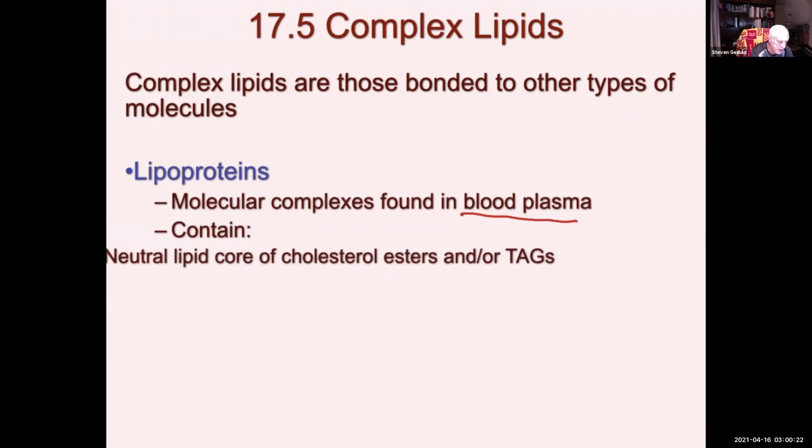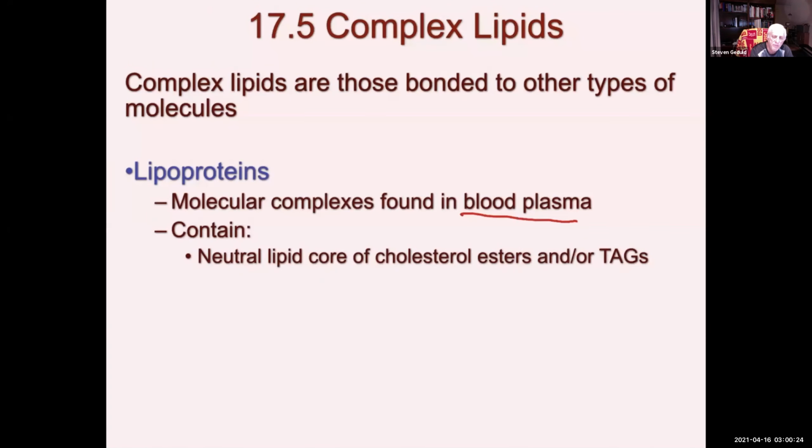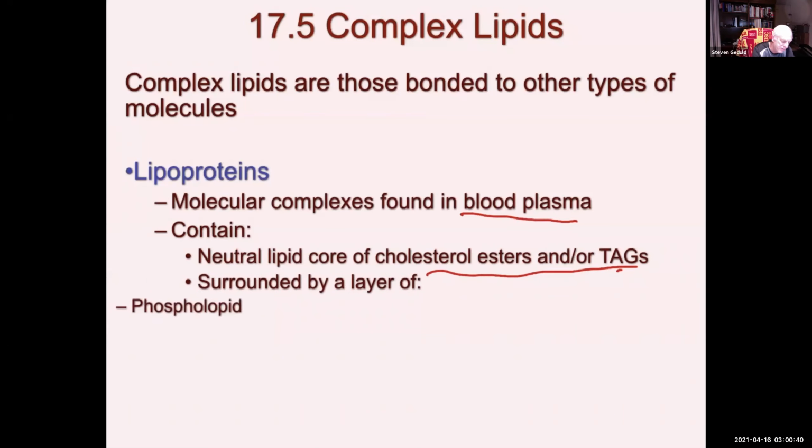They contain a neutral lipid core of cholesterol esters and other triglycerides, triacylglycerides, TAGs. Okay? So it's a neutral lipid core of cholesterol esters and the other triglycerides. Surrounded by a layer of phospholipids. That's on the outside because it's polar.